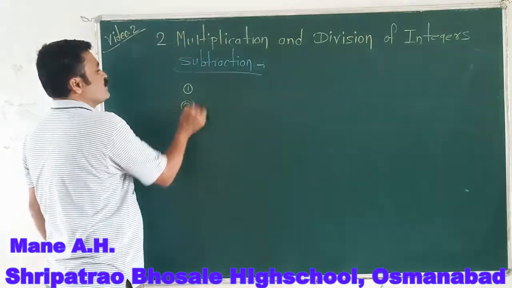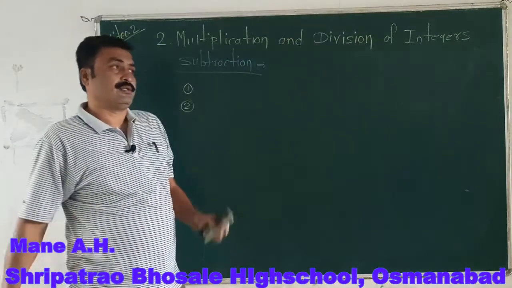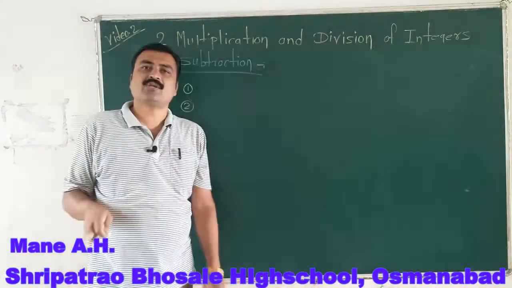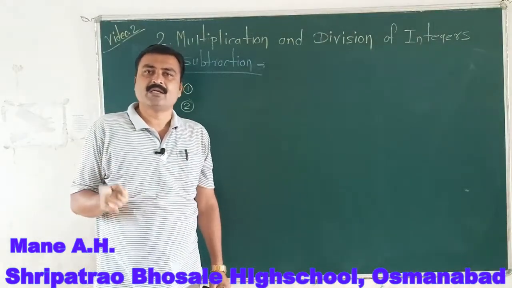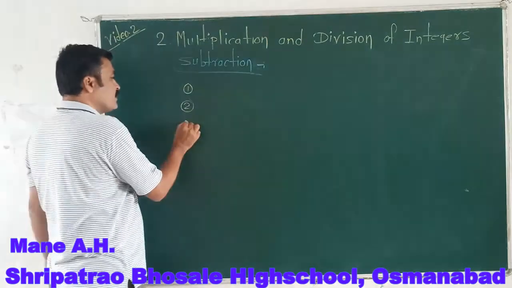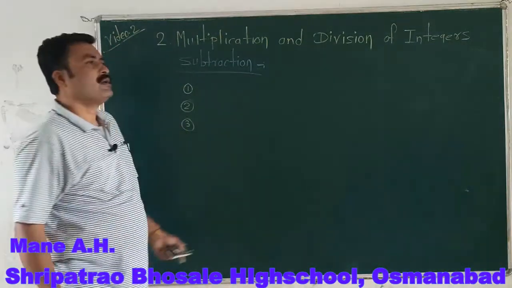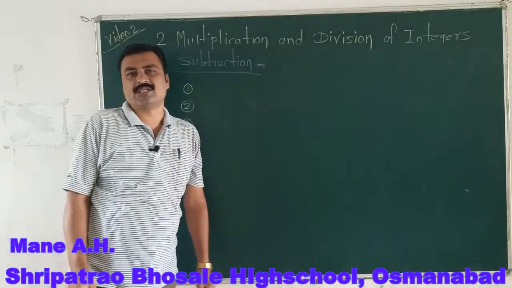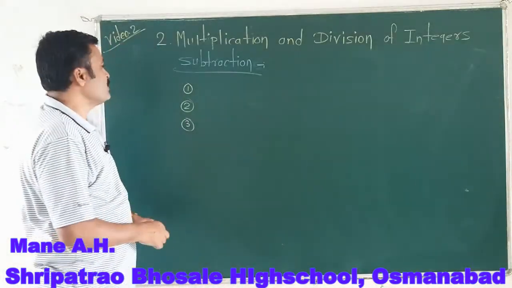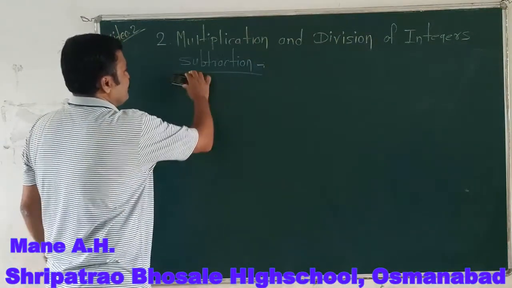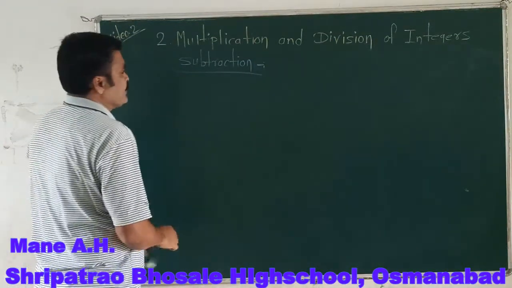With respect to the second condition, subtraction process between two negative integers, and thereafter the third condition that's important here, that is the subtraction between one positive and one negative integer. So these are 3 main conditions for the subtraction process of two integers here.